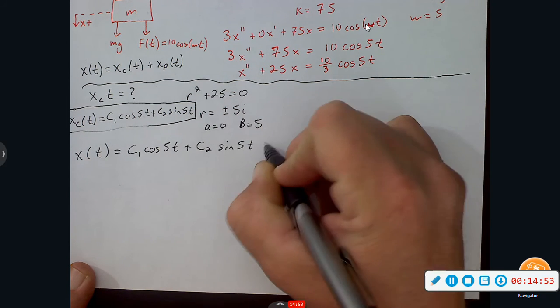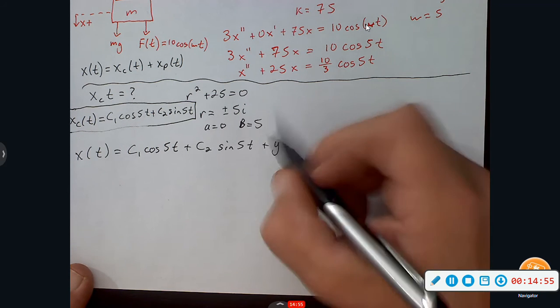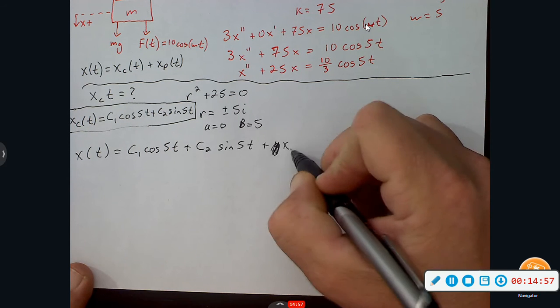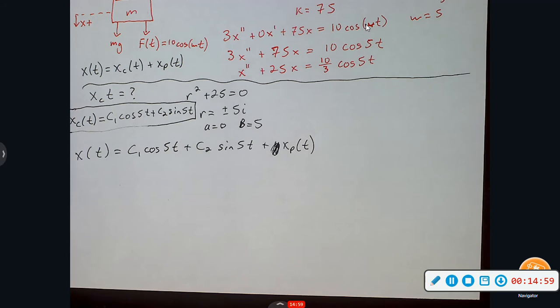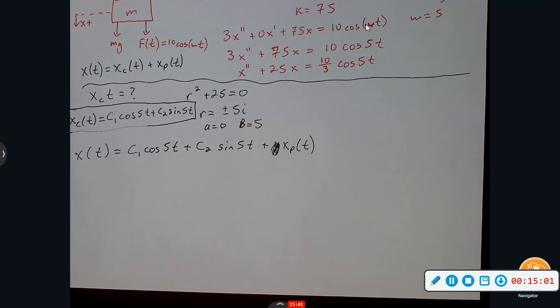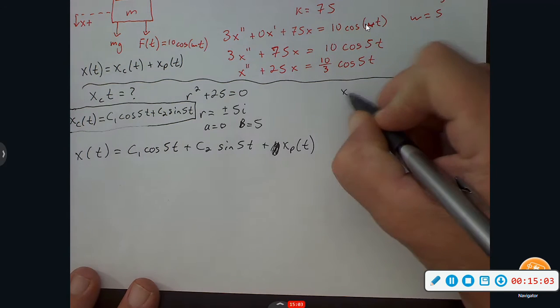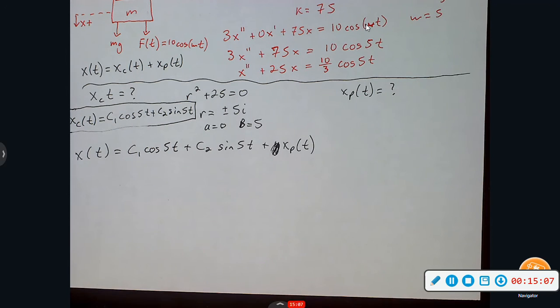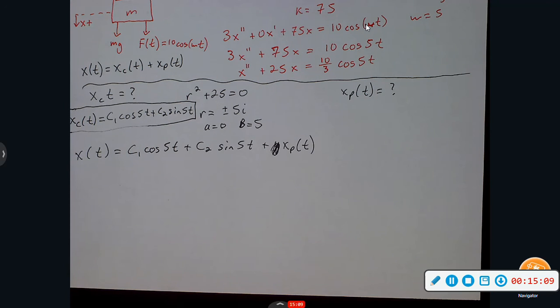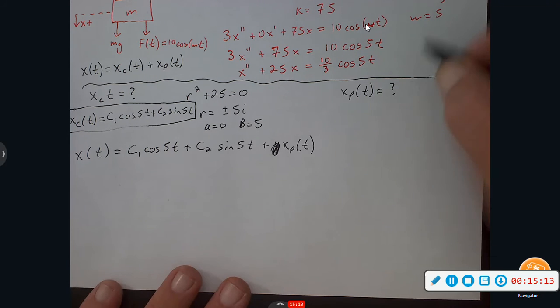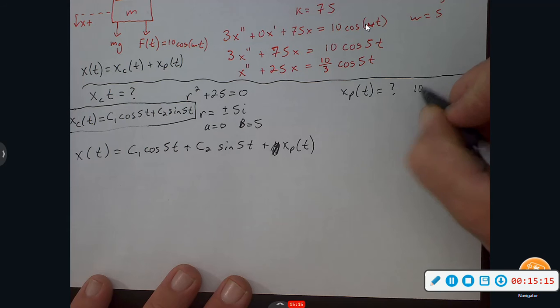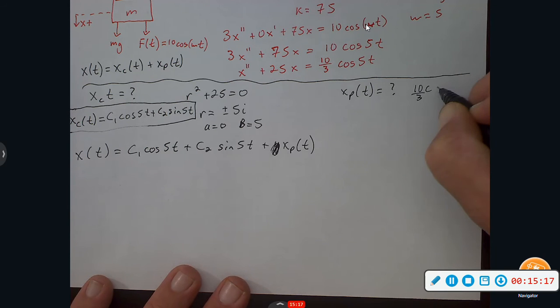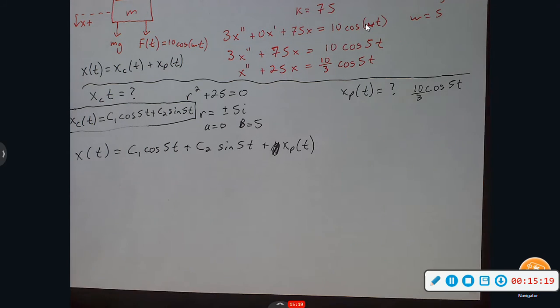So remember, as we're defining x of t, we know xc of t, C1 cosine 5t plus C2 sine 5t, plus, oh, I did it, I knew I was going to do it, xp of t. So what would xp of t be? Let's make some guesses. Remember, we have to define it uniquely, so that it's differentiated from xc of t. We already know that we have a 10/3 cosine 5t.